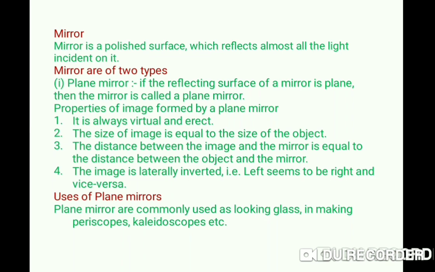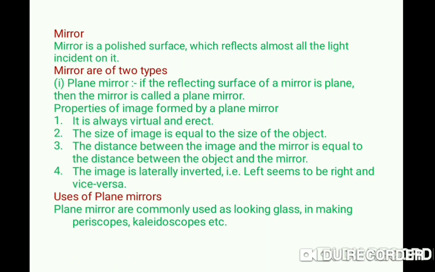Second, the size of the image is equal to the size of the object. That means if the object's height or size is 5 cm, then the image formed by the plane mirror is of the same size, 5 cm. Third point, the distance between the image and the mirror is equal to the distance between the object and the mirror.